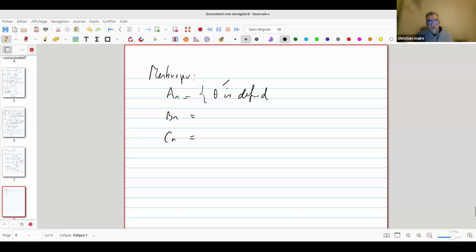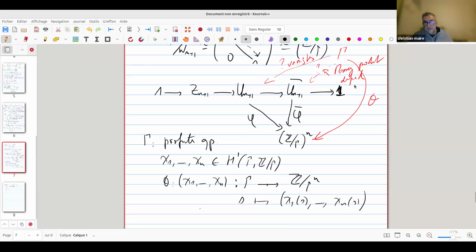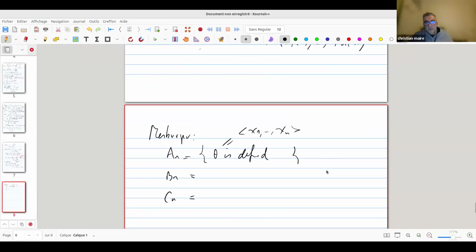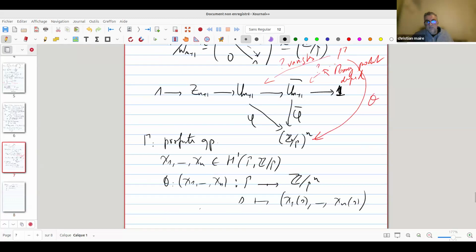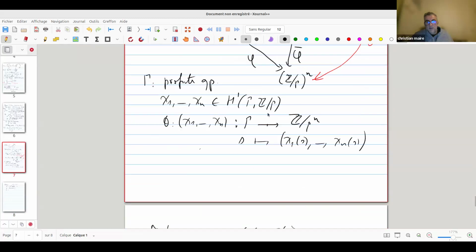In this case we write theta like this, meaning that this map exists here. There is another set where theta vanishes. In this case, this map here is defined.